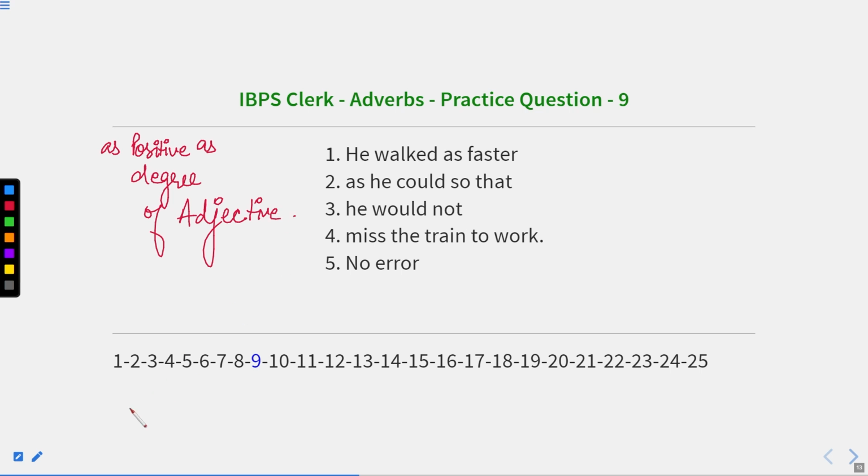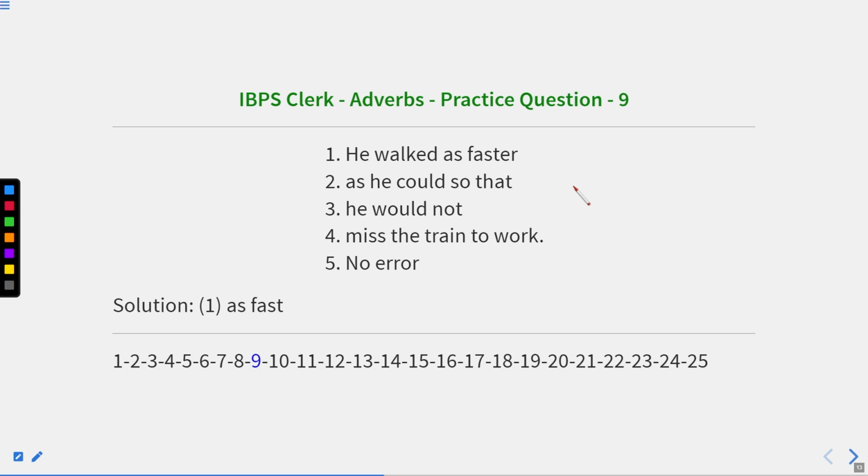So as and as pattern is only used in positive degree of adjective. So here faster is actually the comparative degree of adjective, which is not required. Therefore, we should replace it with the word fast, that is positive degree of adjective. So the correct sentence will be, he walked as fast as he could so that he would not miss the train to work. So the answer is as fast. Now let us move to the next one.